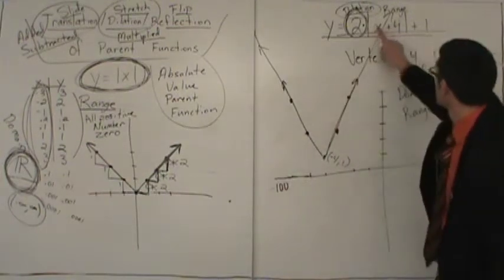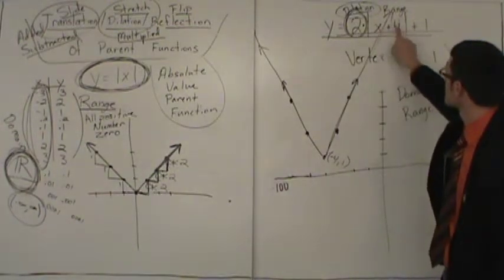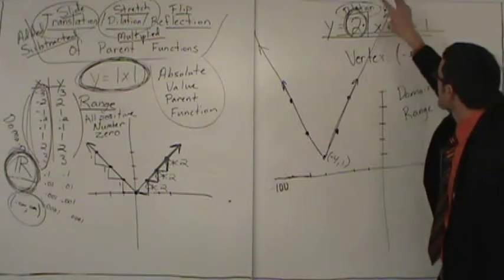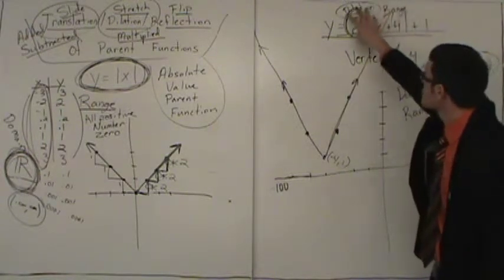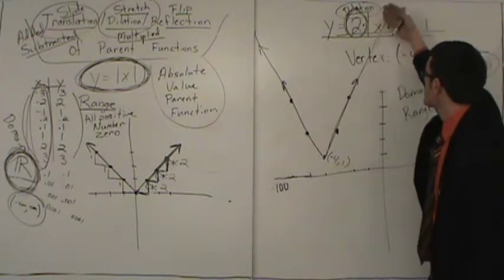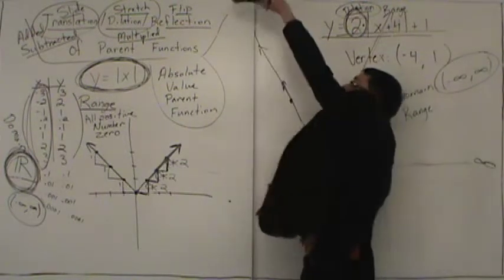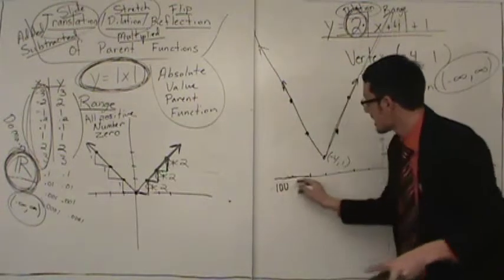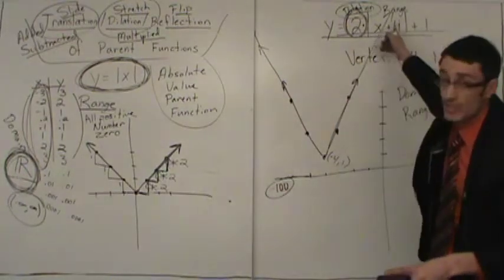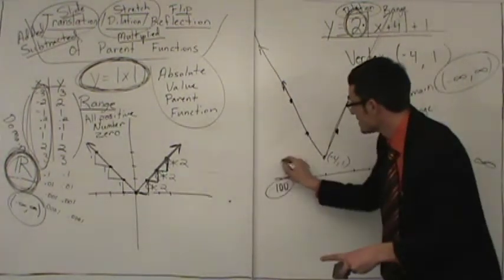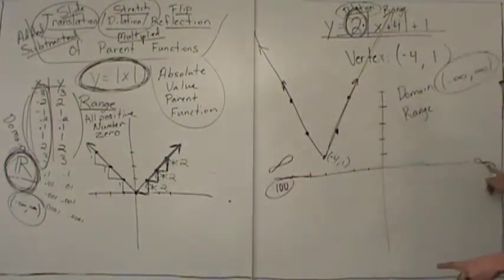Yes. If we put negative 100 in, we get negative 100 plus 4 is negative 96. The absolute value of negative 96 is 96, times 2 is 192, plus 1 is 193. So we get a point way up there. Can any x value go into the function? Yes. So the domain is from negative infinity to positive infinity.